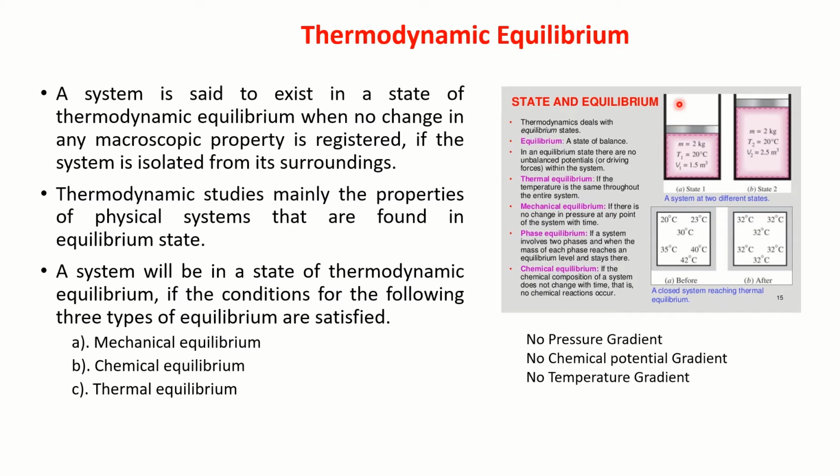Now the question is, let us say this is not moving, because the surrounding pressure and this pressure are both equal, meaning there is no pressure gradient across this, so it will not move. Then we say this is in mechanical equilibrium. So there should not be any pressure gradient. That's very important.